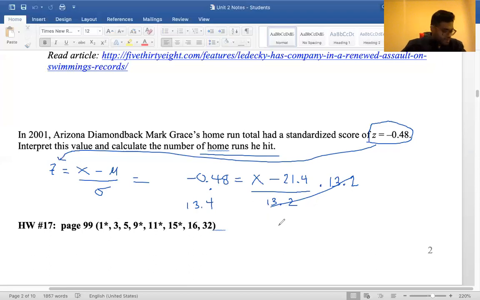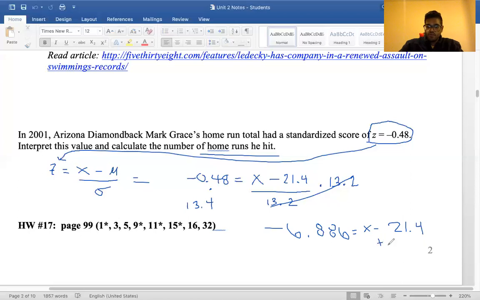So anyway, when you multiply that out, you get negative 6.886. I like using 3 decimals just for accuracy, but 2 is fine as well. So x minus 21.4, right?